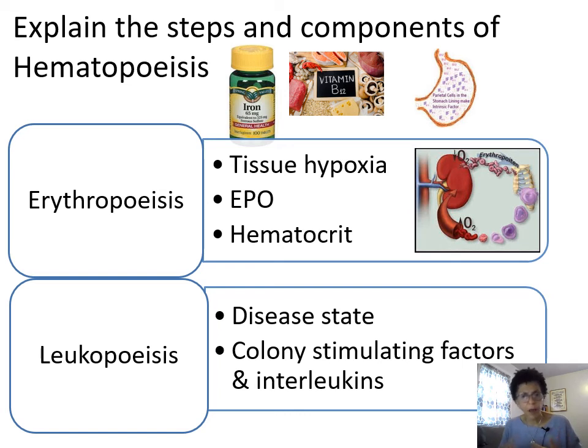And EPO will travel through your blood supply until it ends up at your red bone marrow, and it acts on the stem cell and triggers that stem cell to go down a developmental process and become an erythrocyte for us. Well, the end result would be a rise in the percent of packed erythrocytes, or a rise in your hematocrit.